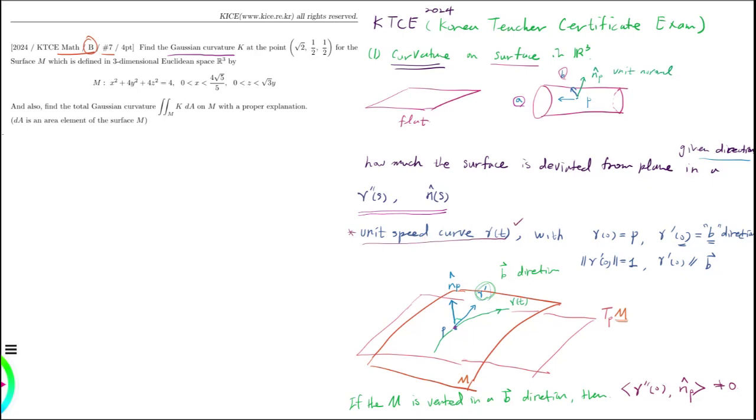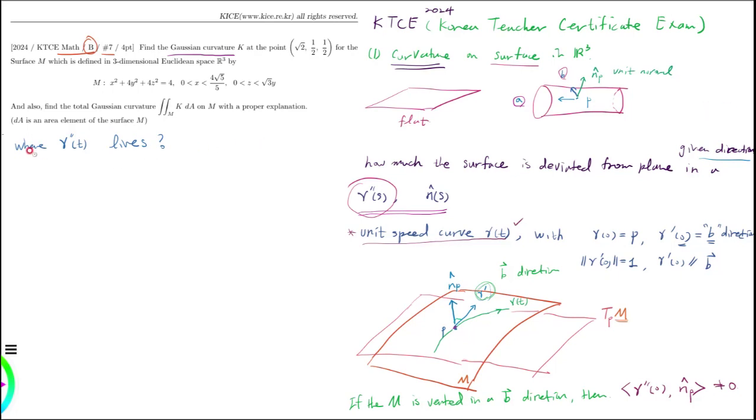So we have to consider the second derivative of this unit speed curve, and so the question is where the second derivative of this unit speed curve lives.